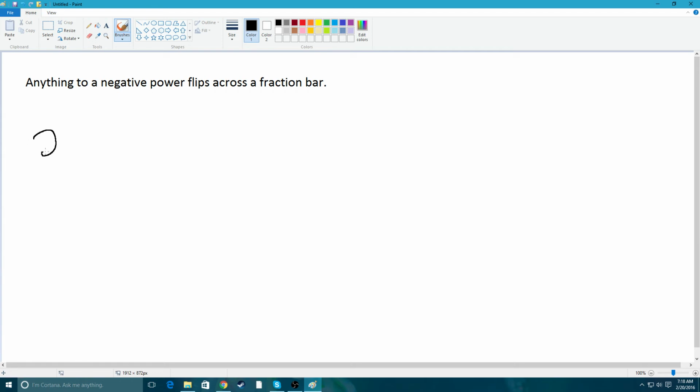If you have 2 to the negative third power, we can write this as a fraction, 2 to the negative 3 over 1, but we have that negative exponent we have to deal with. So to deal with that negative exponent, you take this number and you move it down underneath the exponent. So now this becomes 1 over 2 to the third, which equals 1 over 8.